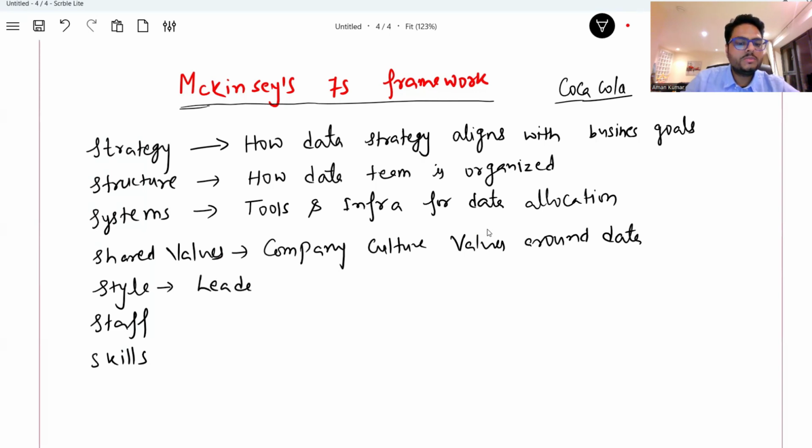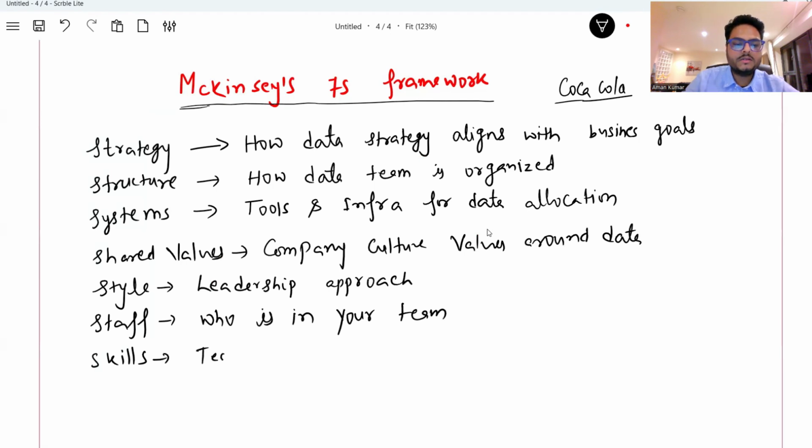Then what is the leadership style? People sitting in leadership roles, senior roles. If leaders are not ready to adopt these other things that I'm talking about, then your solution is not going to work. Staff is basically who is in your team, the core team which is trying to solve the problem, who are the people in that team.